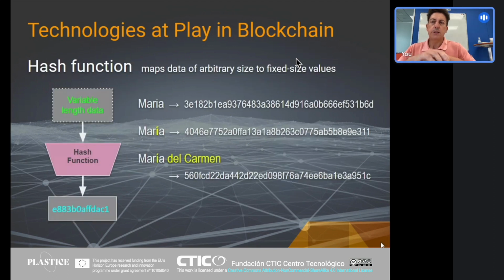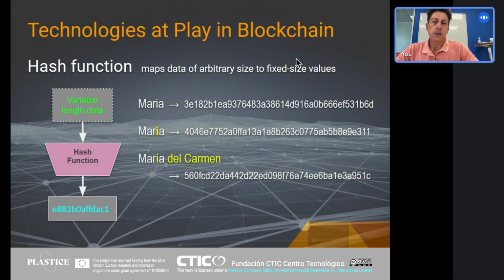Another technology is cryptographic technology, which is used heavily in these blockchain networks. One very common thing is the hash function. The hash function is a function where you feed it data of an arbitrary size, and it gives you a fixed size value. In this case, usually it's a hexadecimal value.